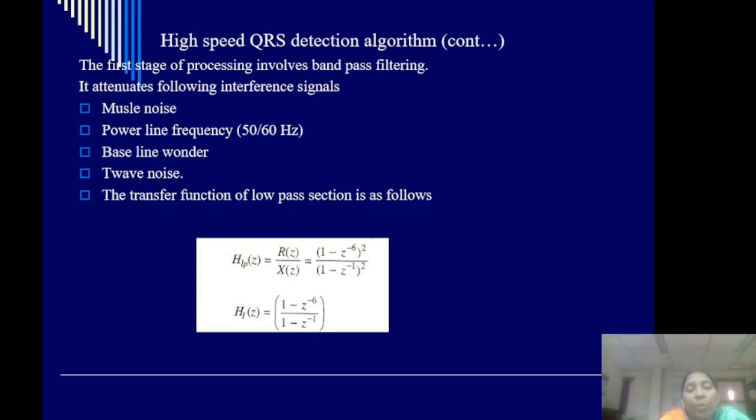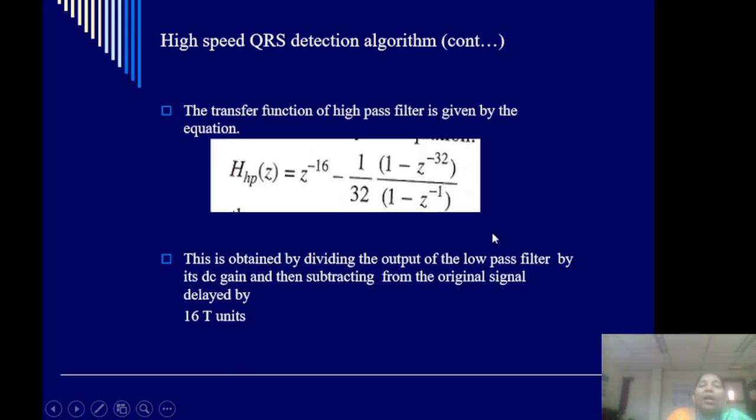The low pass filter's digital transfer function is given by (1 minus z power minus 6) squared divided by (1 minus z inverse) squared. And if you want the transfer function of the high pass filter, it is z power minus 16 minus 1 by 32 of (1 minus z power minus 32) divided by (1 minus z inverse).